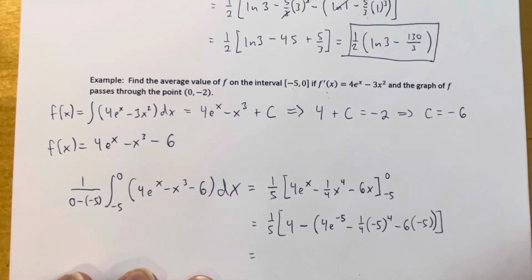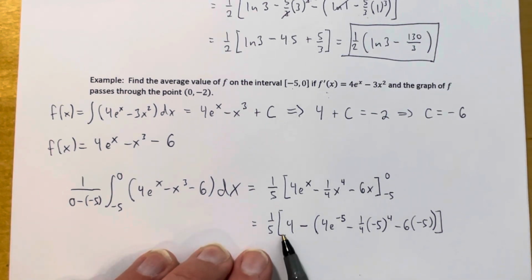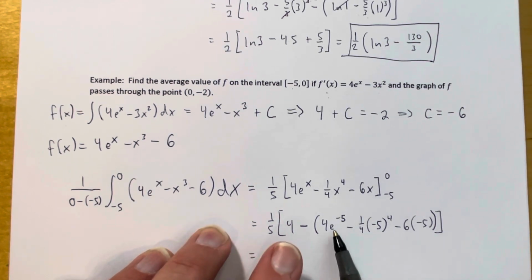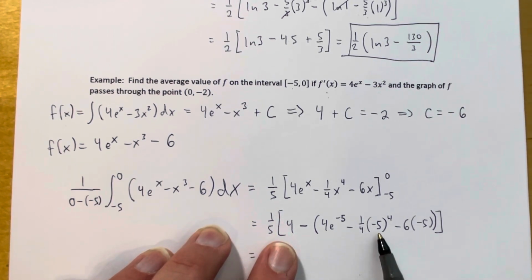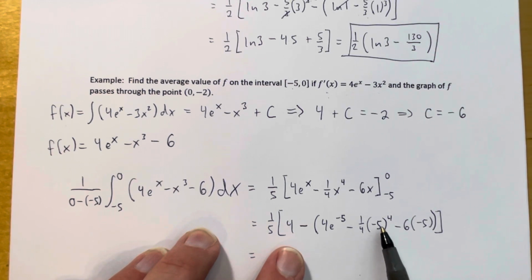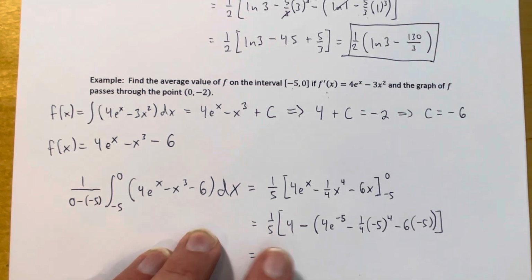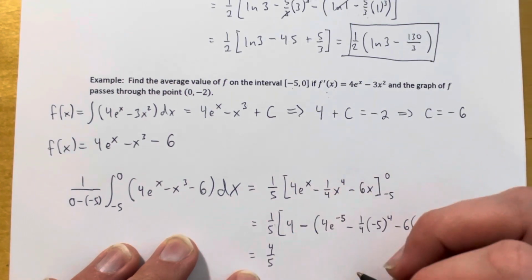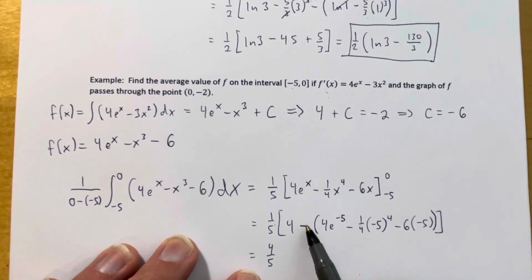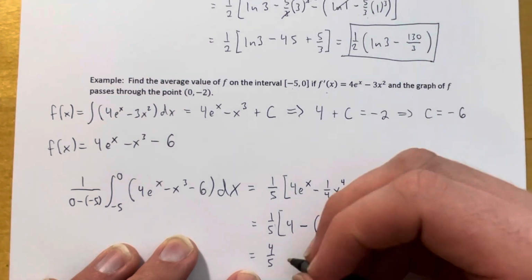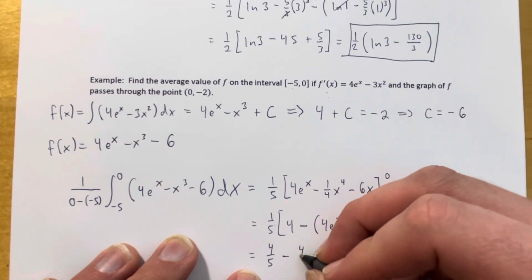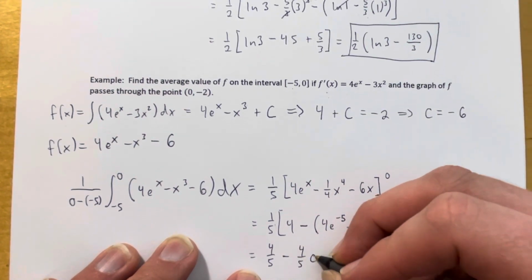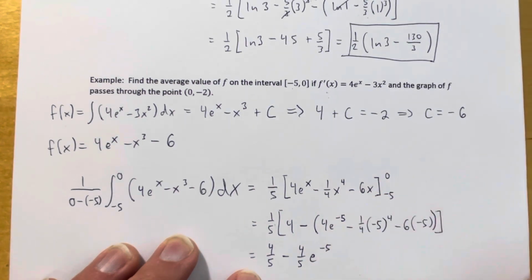So one thing I'm going to do that's going to save me a little bit of trouble, I'm going to distribute the 1/5 in right now. And the reason why is it's not going to help me with these two terms, but I'm going to be able to cancel some of what's going on here. So notice if I distribute that, I'm going to get a 4/5. Distribute this minus sign in, I'm going to get negative 4e to the negative 5th times that 1/5. It becomes negative 4/5 e to the negative 5th.